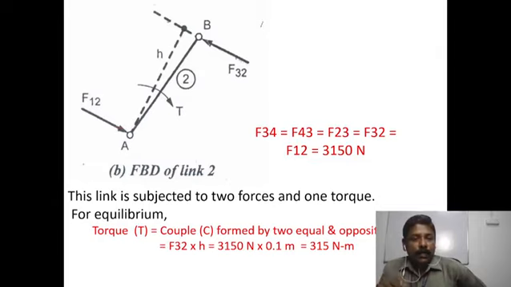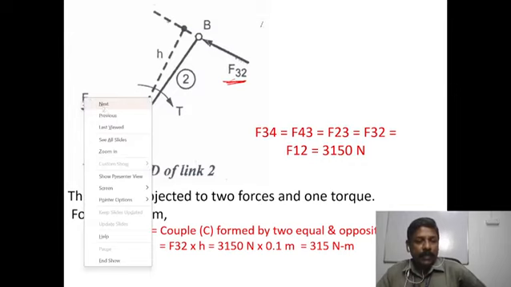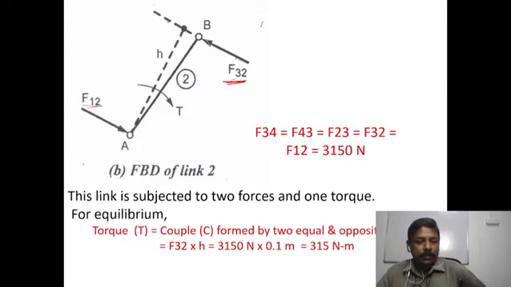Finally we come to the crank, which is link 2. This link is subjected to two forces. F32 acts from link 3 on link 2, so it is called F32. Then from the fixed link one force acts, F12.